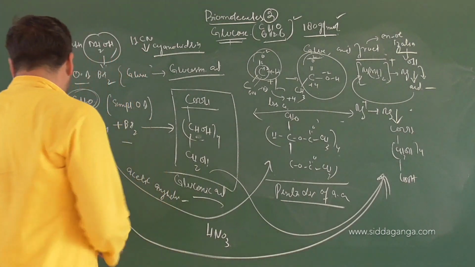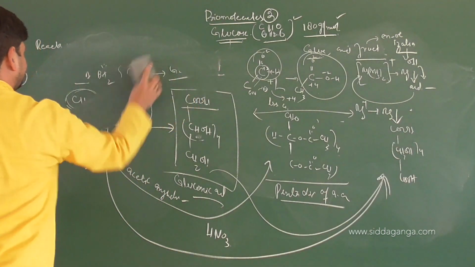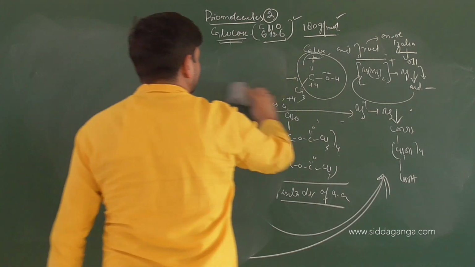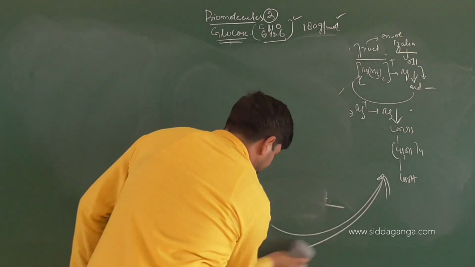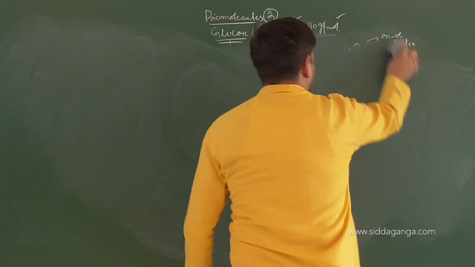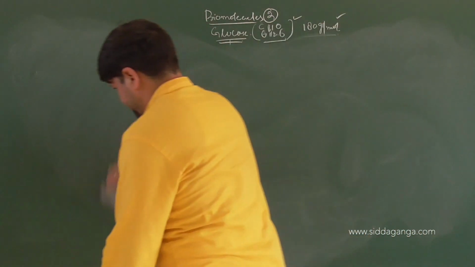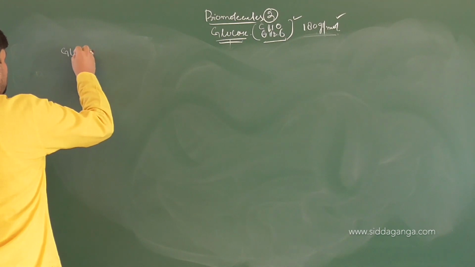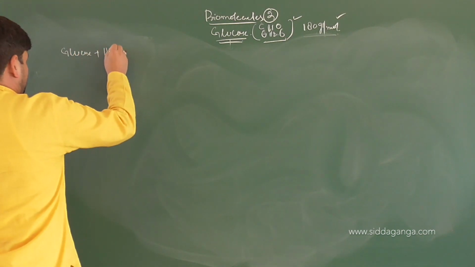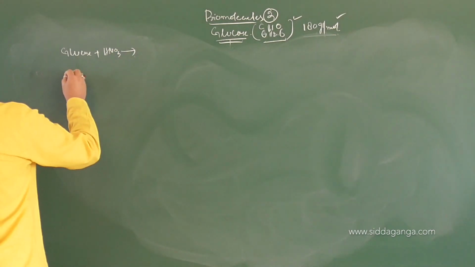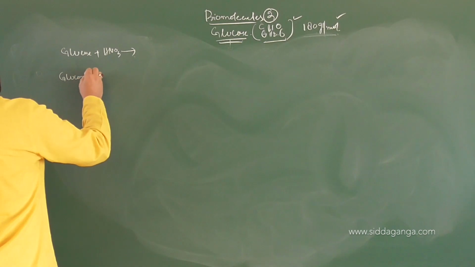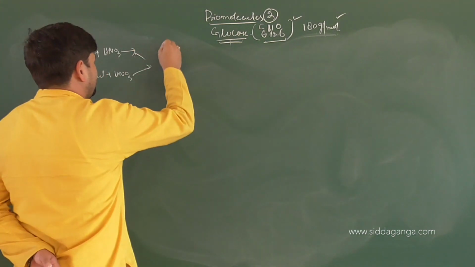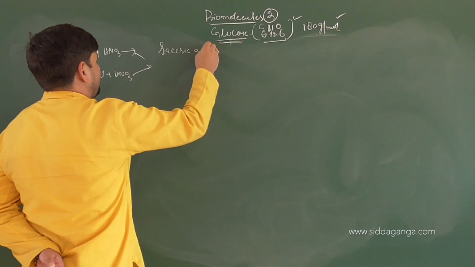That means when glucose is treated with a strong oxidizing agent, and when you have gluconic acid plus strong oxidizing agent, in both cases you are getting saccharic acid.